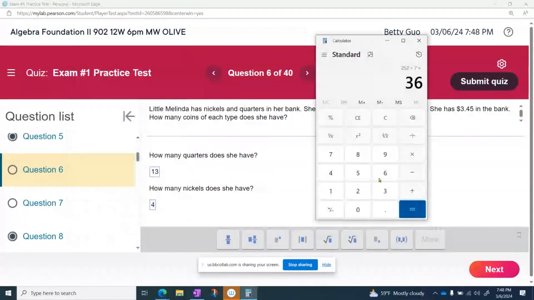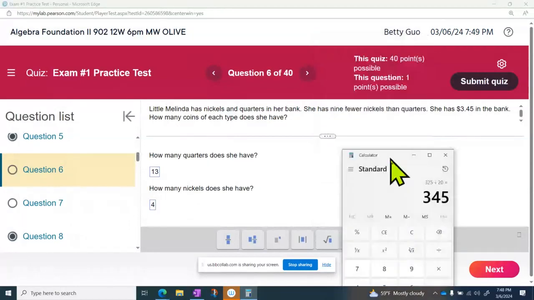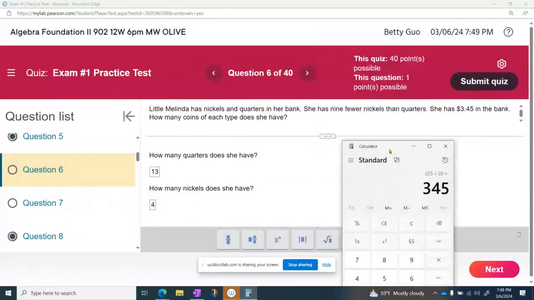And about the quarters, 1 quarter is 25 cents, multiplied by 13, $3.25, or 325 cents. And plus the 20 cents from the nickels, she has $3.45. Yeah, that's exactly consistent with the given information in the question.